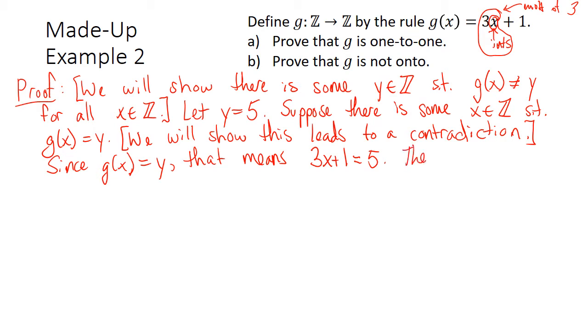So that would mean I can subtract 1 from both sides, so I get 3x equals 4. And so let's see, if I divide both sides by 3, I get x equals 4/3. Okay, that's our contradiction right there, because that's not an integer. So that would imply that x is not an integer, which is a contradiction.